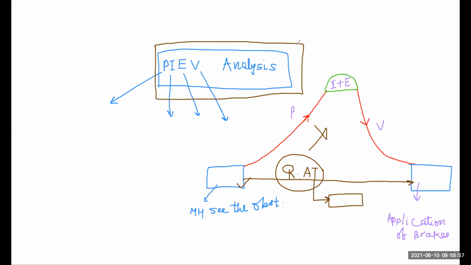Good. So my next point of discussion is the second point. Total reaction time is very important, so I discussed total reaction time in detail. Second one is your design speed. So basically on design speed, your stopping sight distance will depend.